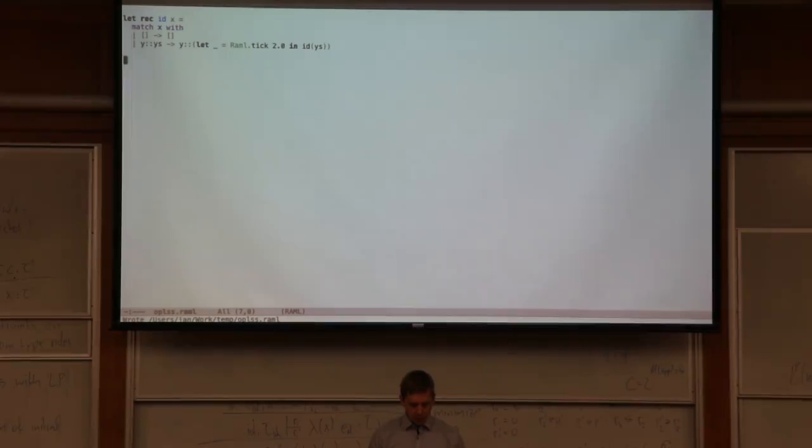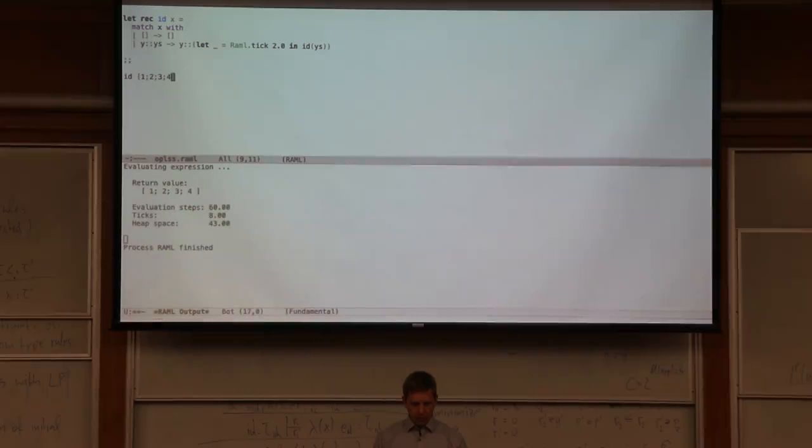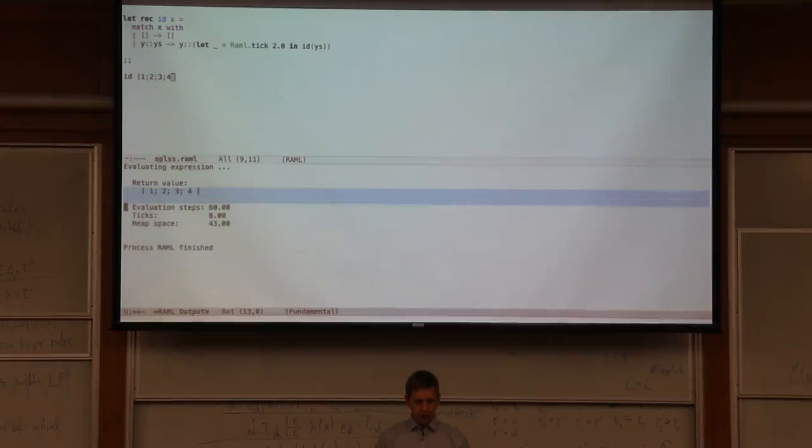Okay, so this is the implementation. We always have to have in the end an expression that you execute, so why not put something useful here? Okay, something like that. Then what we can do is evaluate it. Okay, that worked. So the result is just this list that we put in. Oops. Why is it making noises?